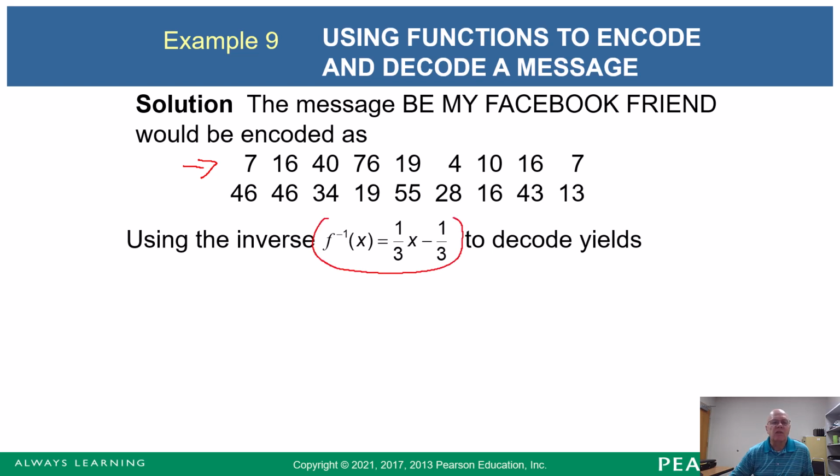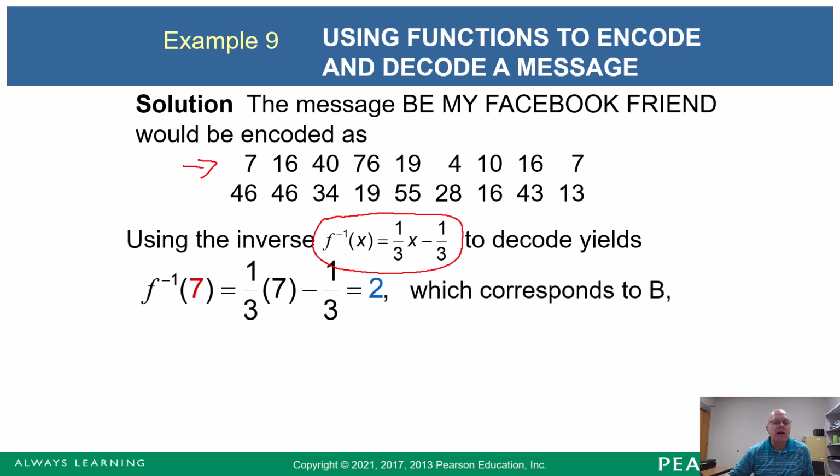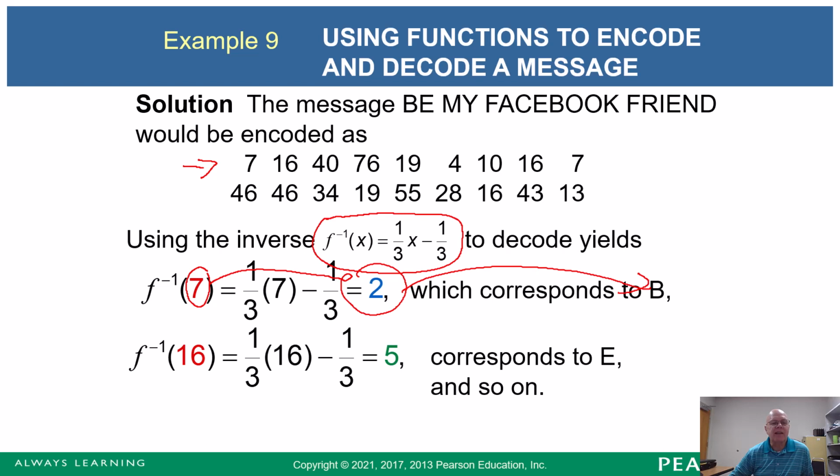Here's the inverse that your friend is going to use, and the decoding takes that 7 that you sent and puts it back to 2, which is a B. Take the 16, put in the decoder, it's a 5, and that 5 corresponds to E. Well, you've done some cryptography, friends. How about that? You want to be my Facebook friend? Fine. Send me a message, and I'll probably say yes.